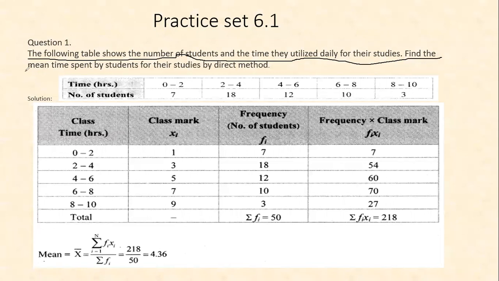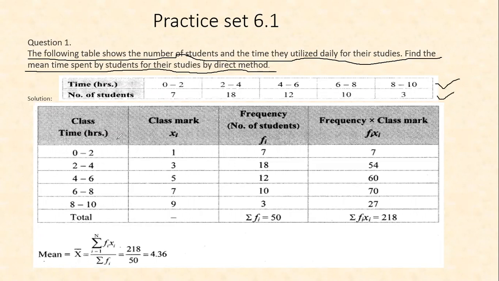Find the mean time spent by the students for their studies by direct method. So here you can see the time is given, and the number of students is given. Now we use the direct method.